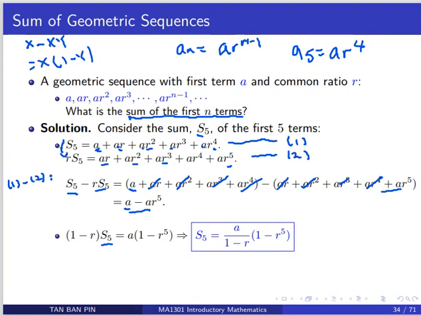You also take out a as common factor from the right hand side. So S5 is a(1 minus r^5) over 1 minus r. With that, if you make an observation, you'll find that Sn is a(1 minus r^n) over 1 minus r. So this will be the formula used to find Sn.